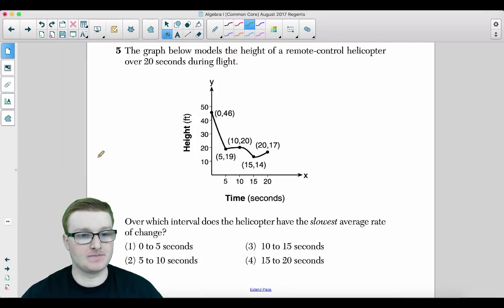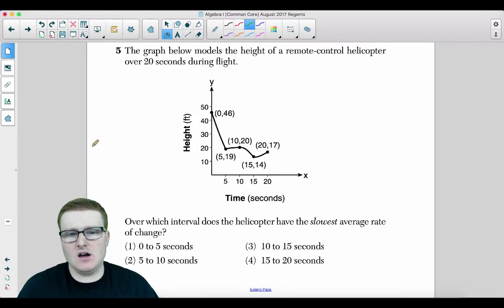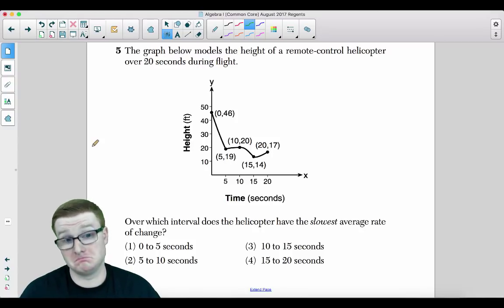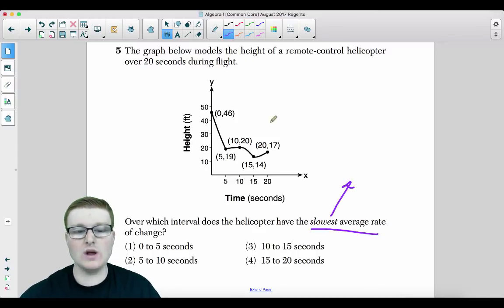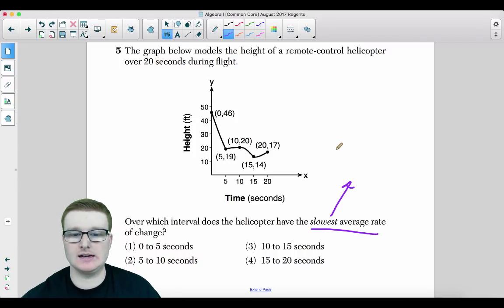All right, number 5. The graph below models the height of a remote control helicopter over 20 seconds during flight. Over which interval does the helicopter have the slowest average rate of change? In other words, which of the following has, we could say that the slope is not steep?